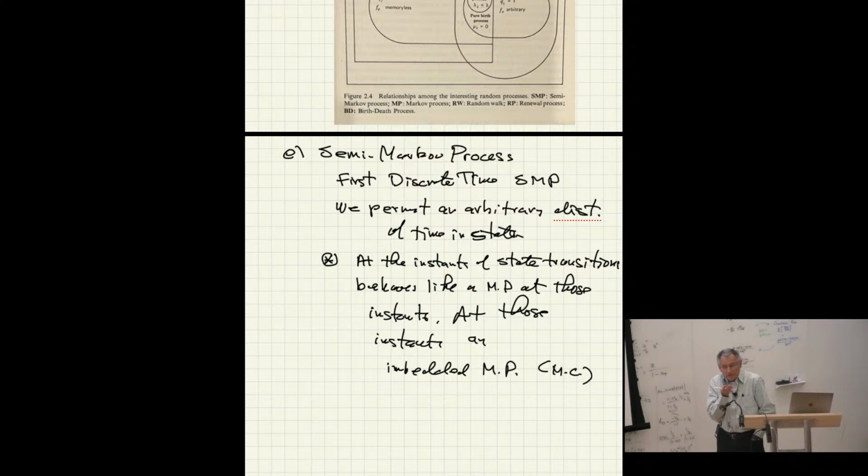Once it's been there for a while, then you really have to know how long it's been there, because there's memory in how long you've been there. But at these instants, when it jumps, you don't care. It's 0. You know the answer. And you know the distribution of time to finish. So we're going to use this very nicely when we get to some of the queuing systems. So it's an embedded Markov process or Markov chain depending upon the state.